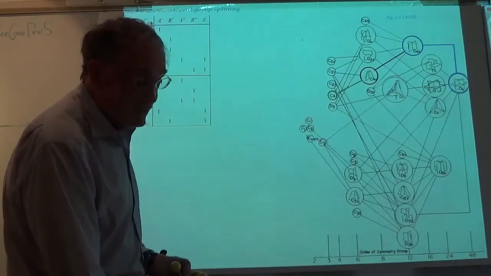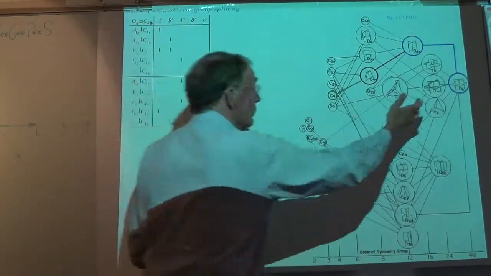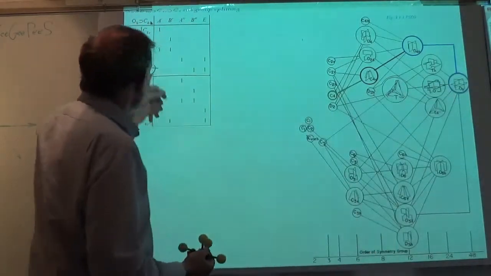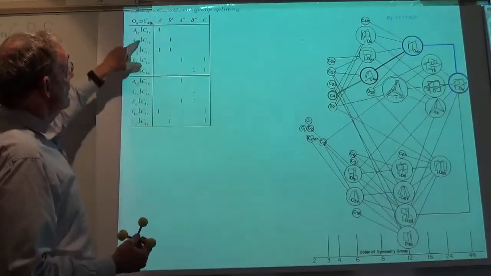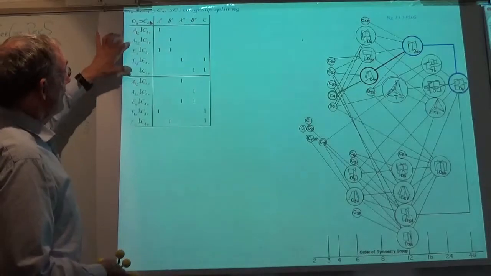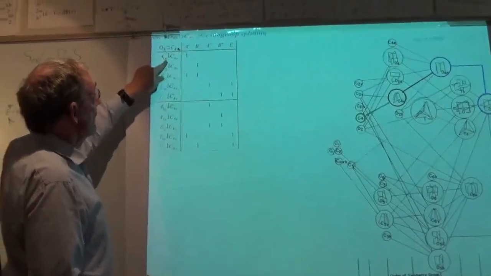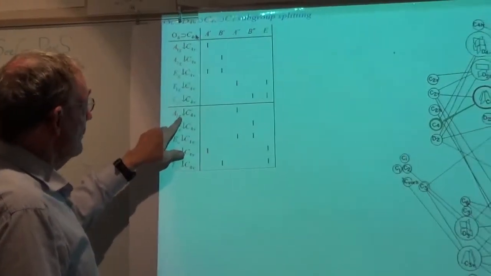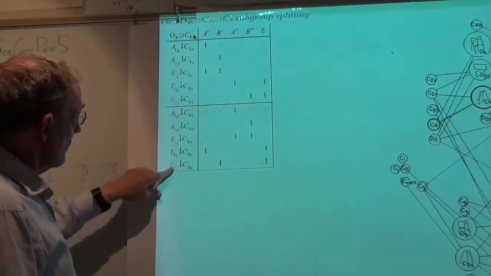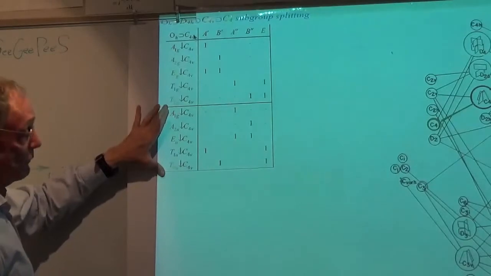Now, as it gets more complicated as we go out to OH, I'm going to use this correlation table today. This one right here is neat because it knows the parity of everything. Is it even, gerade, or is it odd? And I see a typo here. That should be a U, like all the rest of them, the odd ones.